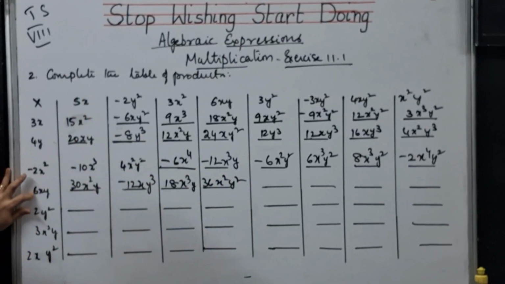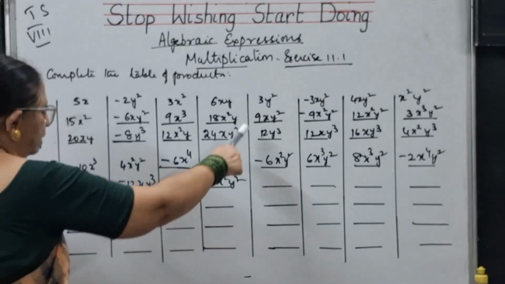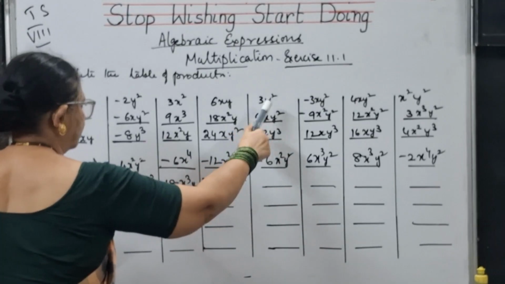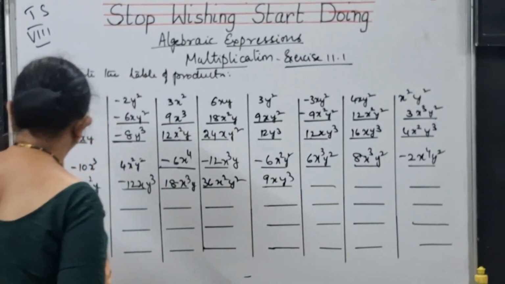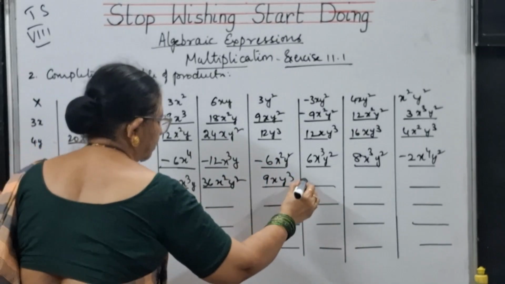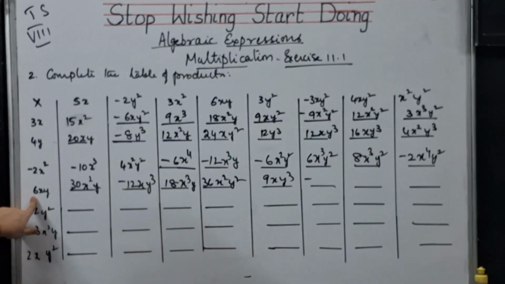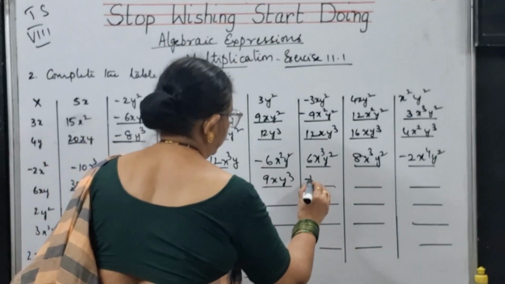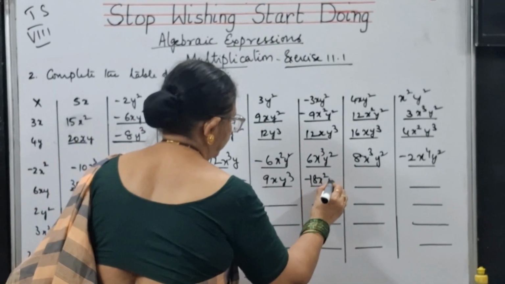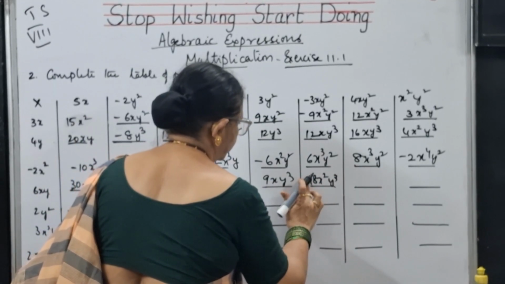Next, plus 6 3s are 9 x y cube. Now, plus into minus minus, 6 3s are 18 x square y cube.